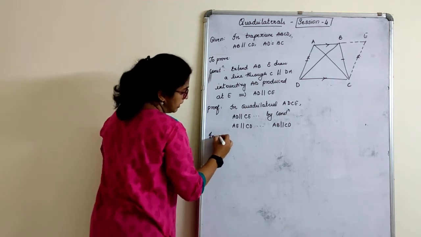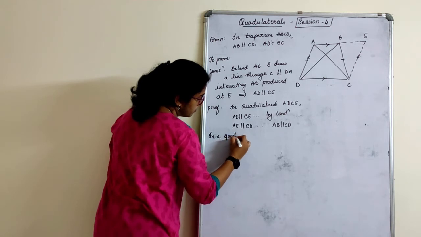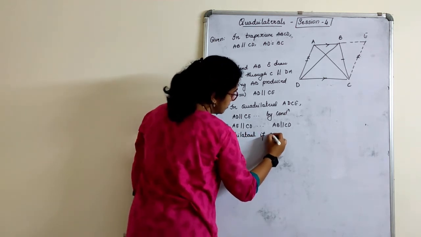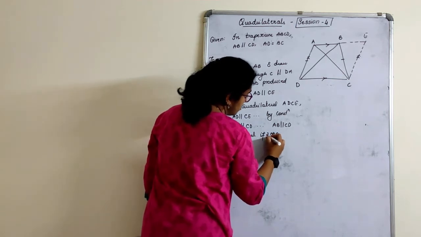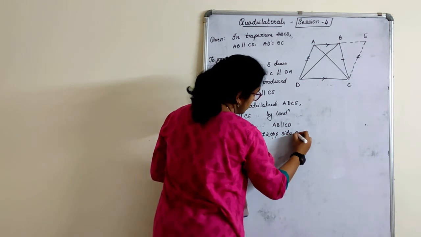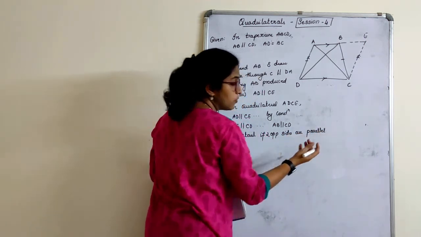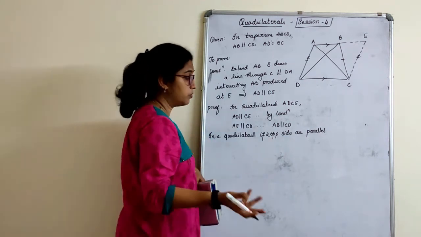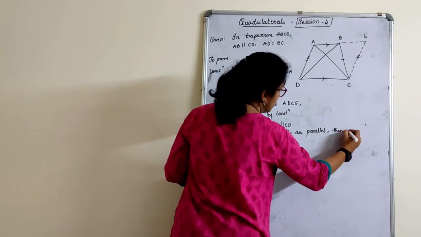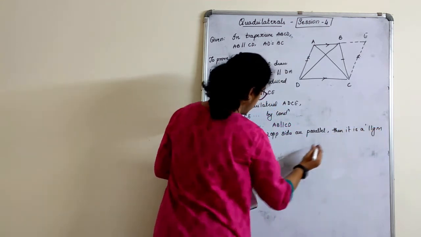Statement: in a quadrilateral, if two opposite sides are parallel, yeah, which other quadrilateral can have two opposite sides parallel? Only a parallelogram. If two opposite sides are parallel, then it is a parallelogram.